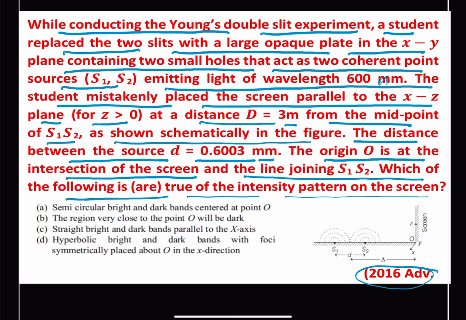And we are given that there are two sources, S1 and S2. No doubt they are placed on the same axis, but still it is given that they are coherent with each other. And we can easily find out the path difference at point O because of these two sources.